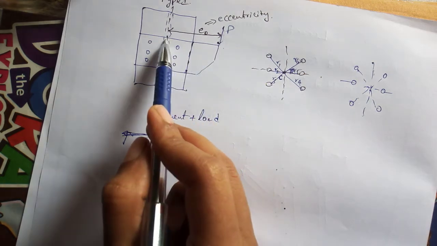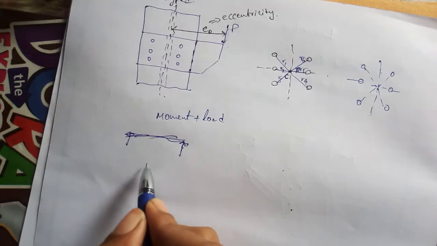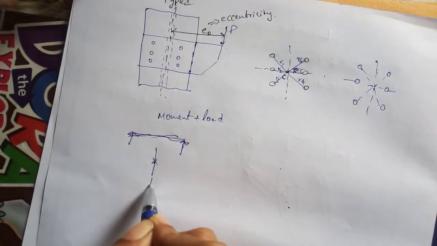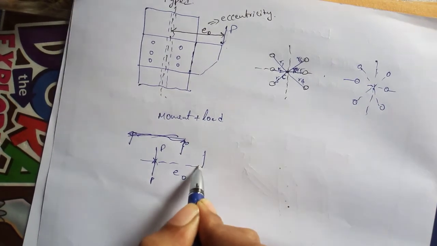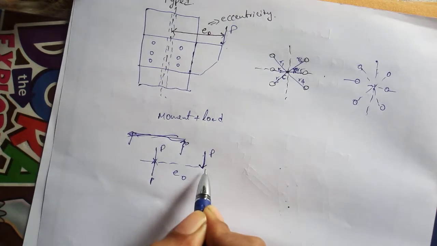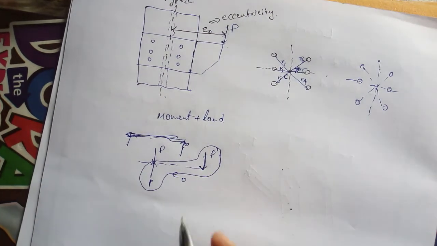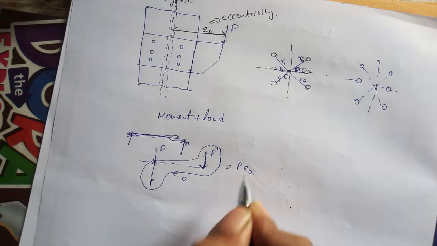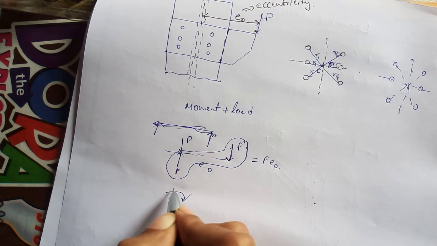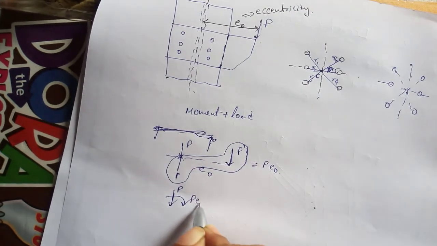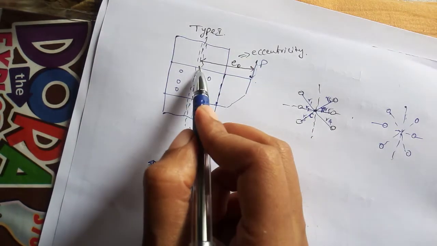We can add the same equal and opposite force here at this point. So P and P with a distance of e naught. This P and this P will form a couple of P into e naught. So finally we can replace this load with load P and also moment P e naught, acting at this center point.